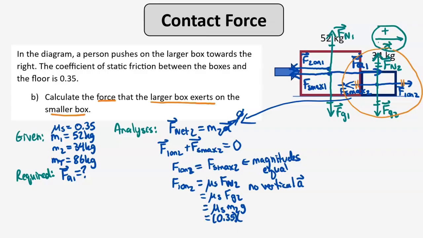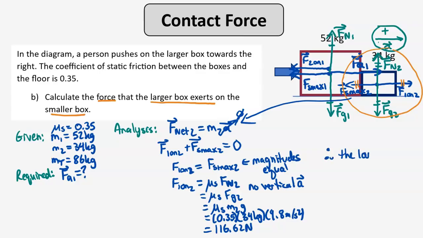So we just break that down, and now we can sub those values in. We have a coefficient of static friction of 0.35. We have a mass of 34 kilograms and a g value of 9.8 meters per second squared, which g is always when we're close to Earth's surface. We get a final answer of 116.62 newtons.